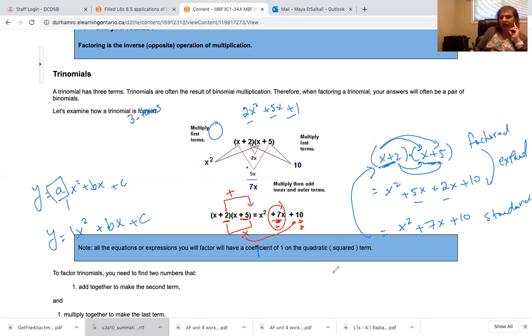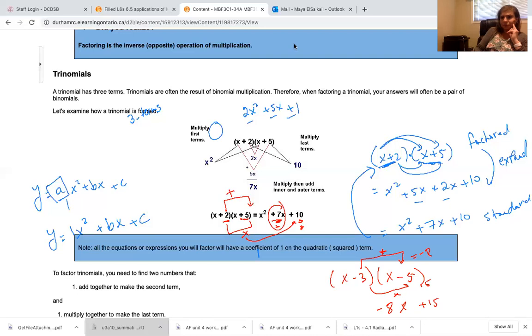Let's say I had x minus 3 times x minus 5. Is that going to give me negative 8 in the middle, and then positive 15 at the end? Because if I add negative 3 and negative 5, that's going to give me negative 8. And if I multiply negative 3 and negative 5, that's going to give me 15. So if I do the FOIL, would that be the case?